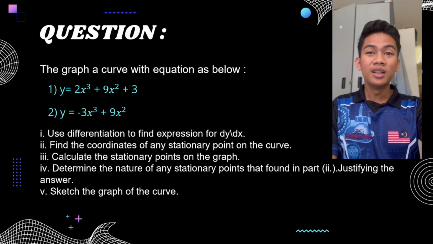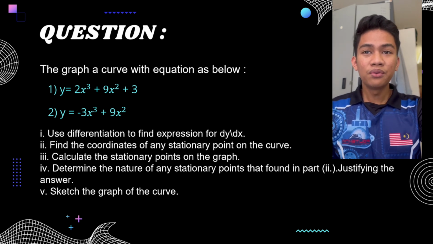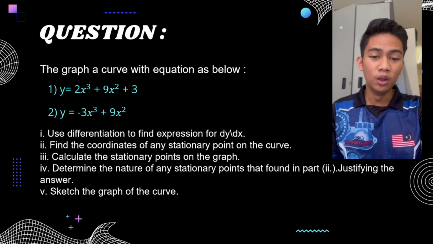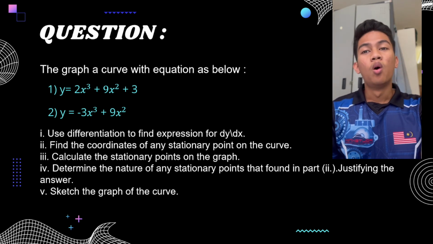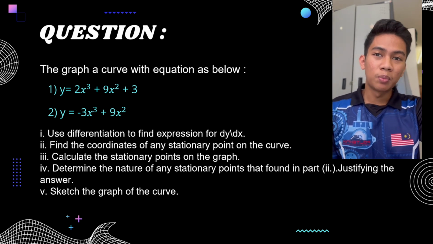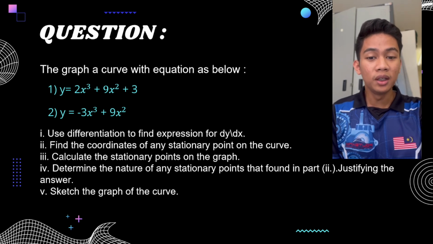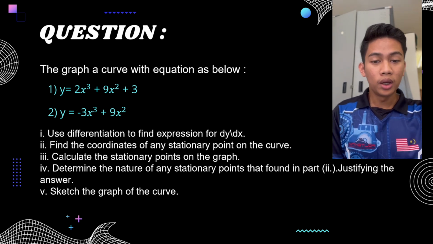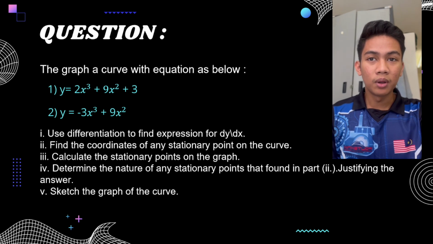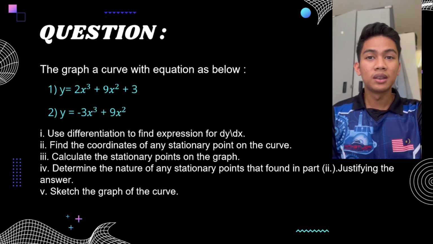The question is: graph a curve with the equations below. Number 1, y = 2x^3 + 9x^2 + 3. Number 2, y = -3x^3 + 9x^2.